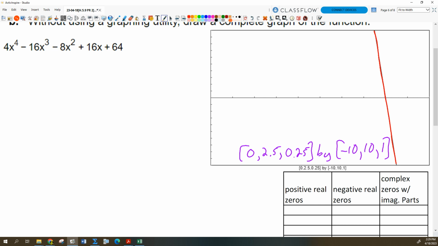All it's telling you is the size of the window. It's telling us that the x's are going from 0 up to 2.5 in increments of 0.25. So the dash marks are every 0.25.